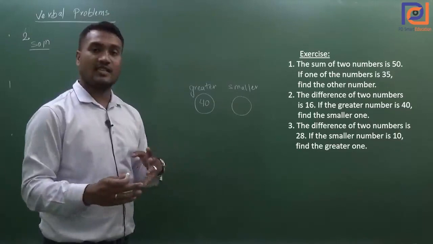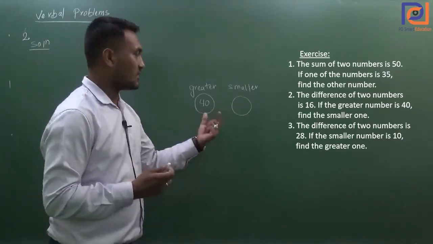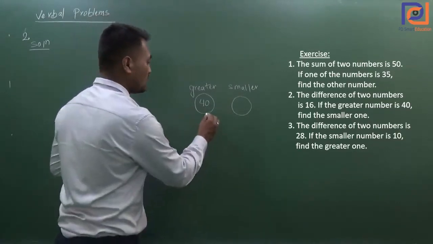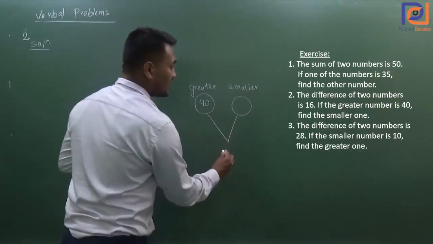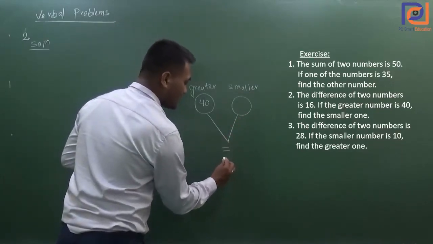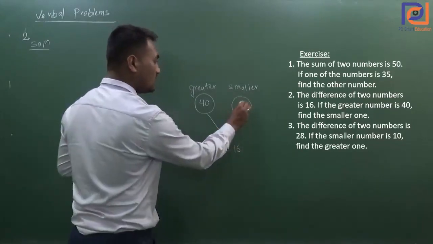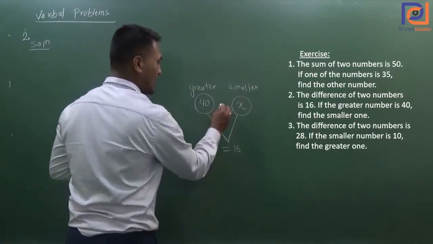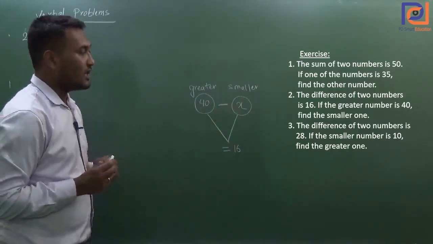While differentiating, always the greater number should be in front and the smaller number at the back. Difference means you are going to subtract, and after you subtract you will get 16. This one number we are going to find, so you need to suppose it, and the subtraction sign will be involved.